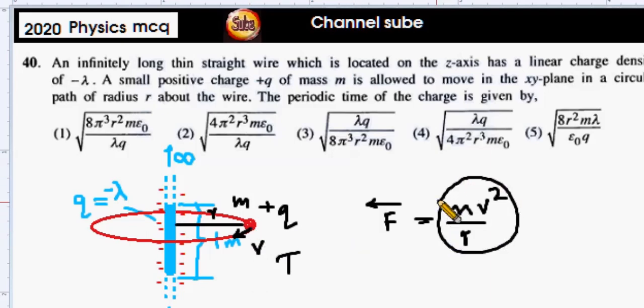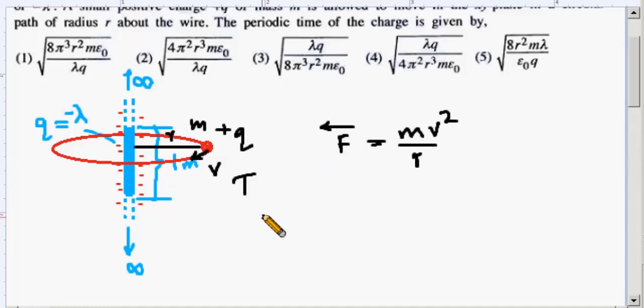This amount of force is needed. So who supplies it? The direction of the electrostatic force is towards the wire, this way. So that we can find by the equation F equals EQ. So E is the field strength at this point, at this place.